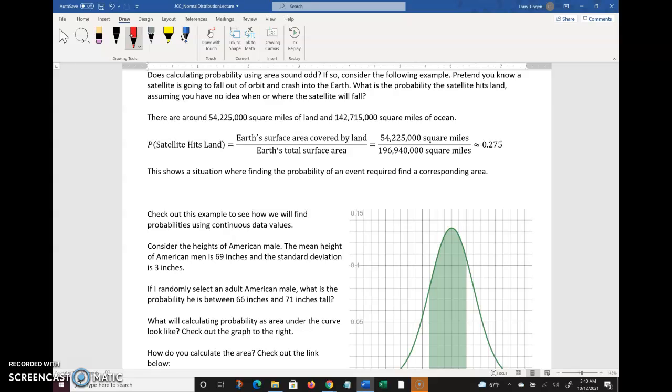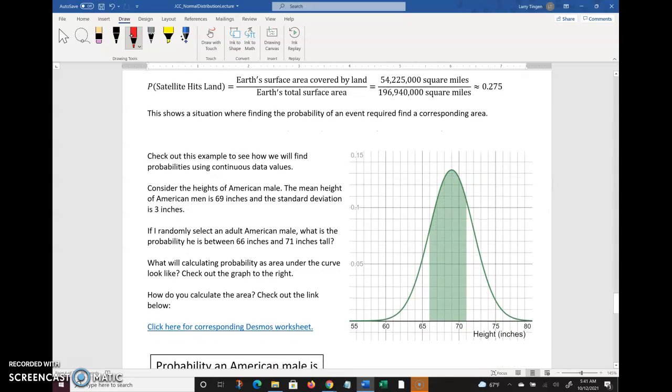You have those two numbers here: 54,225,000 square miles covered by land, 196,940,000 square miles covered totally. That's the entire surface of the Earth. If I divide those, I get 0.275, and now I've calculated a probability by using the area.